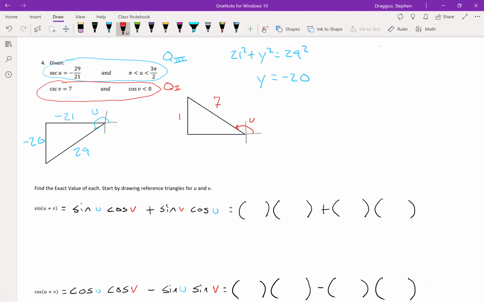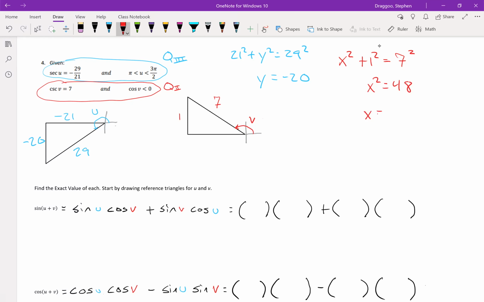And same thing, but for angle v. We want x squared plus 1 squared is equal to 7 squared, meaning that x squared is 48, 1 less than 49.